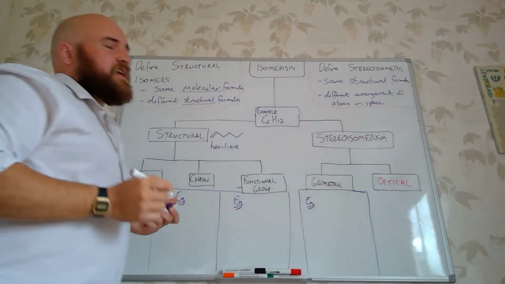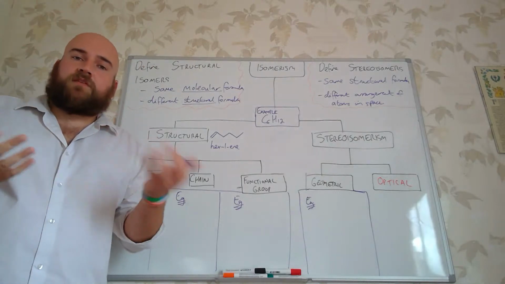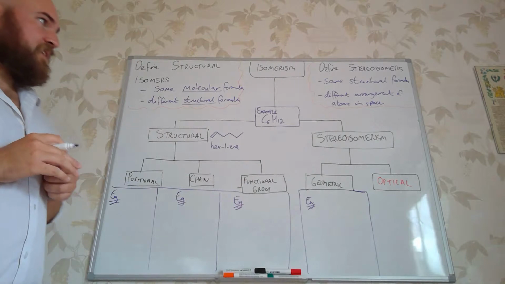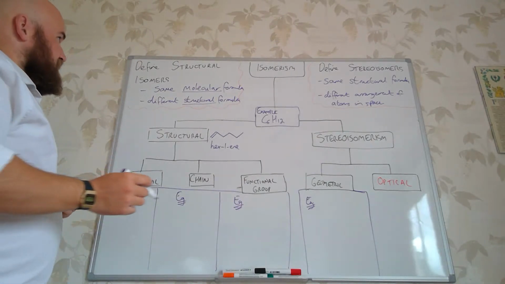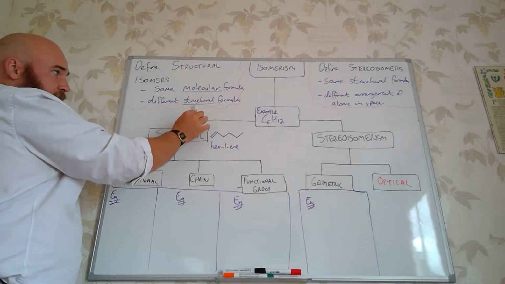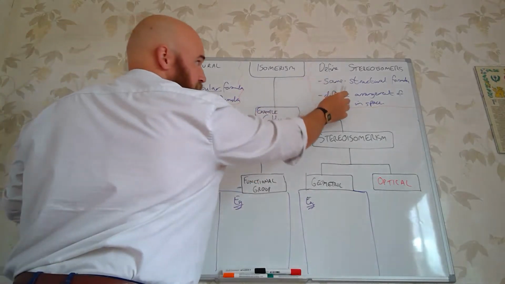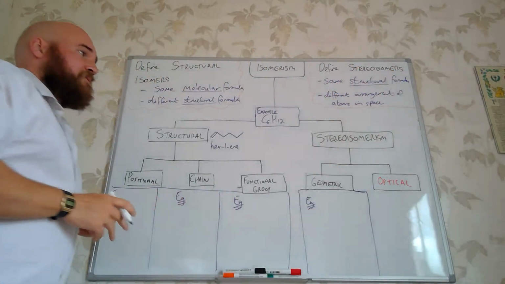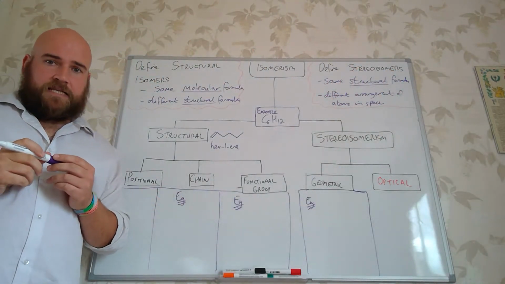Or some of your teachers might say a different 3D arrangement of atoms within the molecule, different spatial arrangement of atoms within the molecule, anything like that will do. But the key thing is that structural isomers have the same molecular formula, different structural formula. Stereoisomers have the same structural formula, but they have different arrangement of atoms in space.